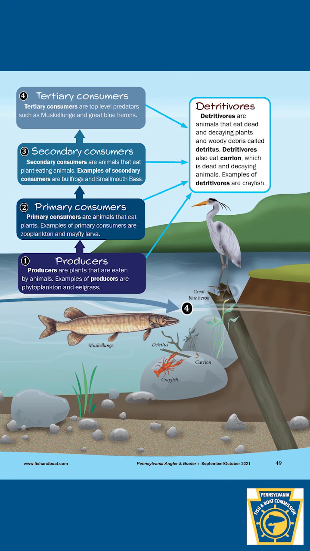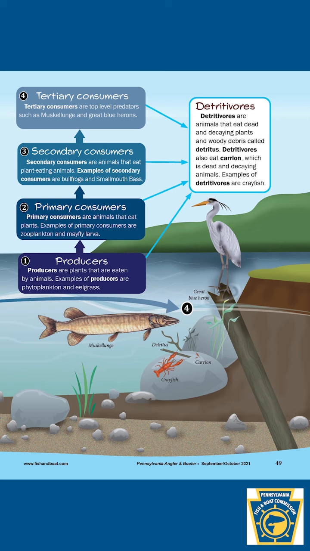1. Producers. Producers are plants that are eaten by animals. Examples of producers are phytoplankton and eelgrass. 2. Primary consumers. Primary consumers are animals that eat plants. Examples of primary consumers are zooplankton and mayfly larvae. 3.